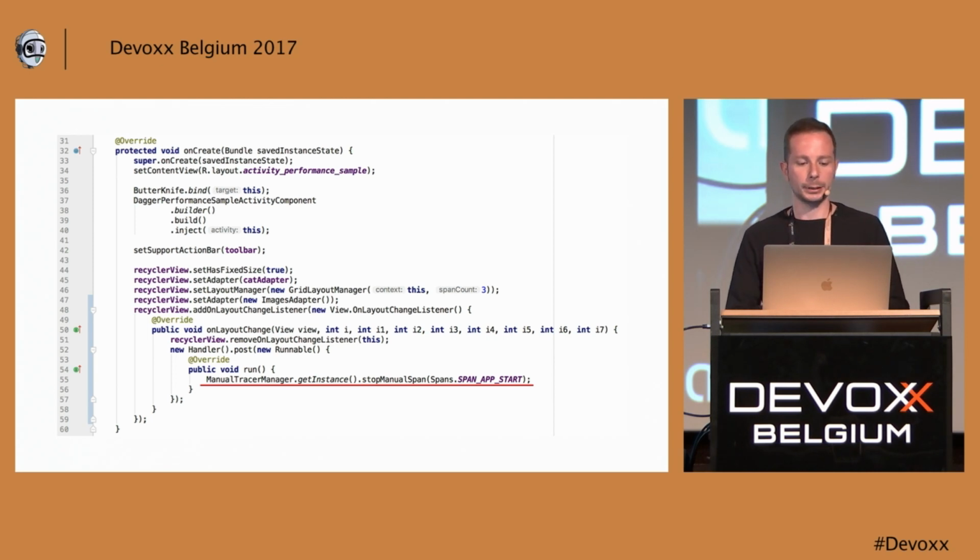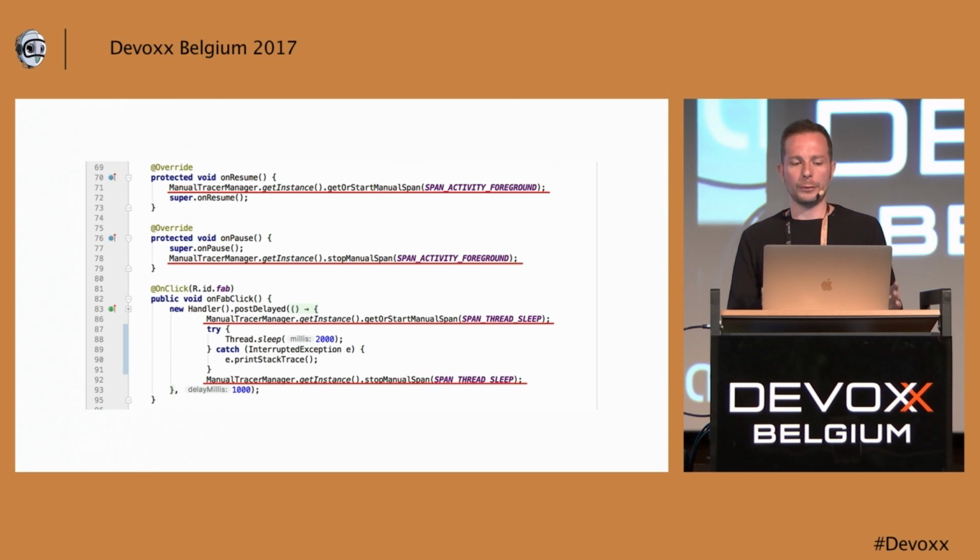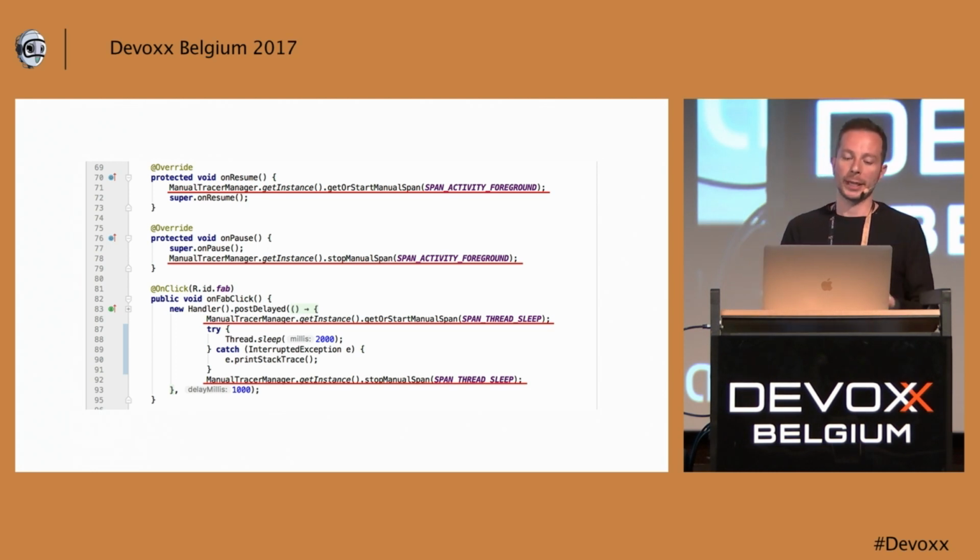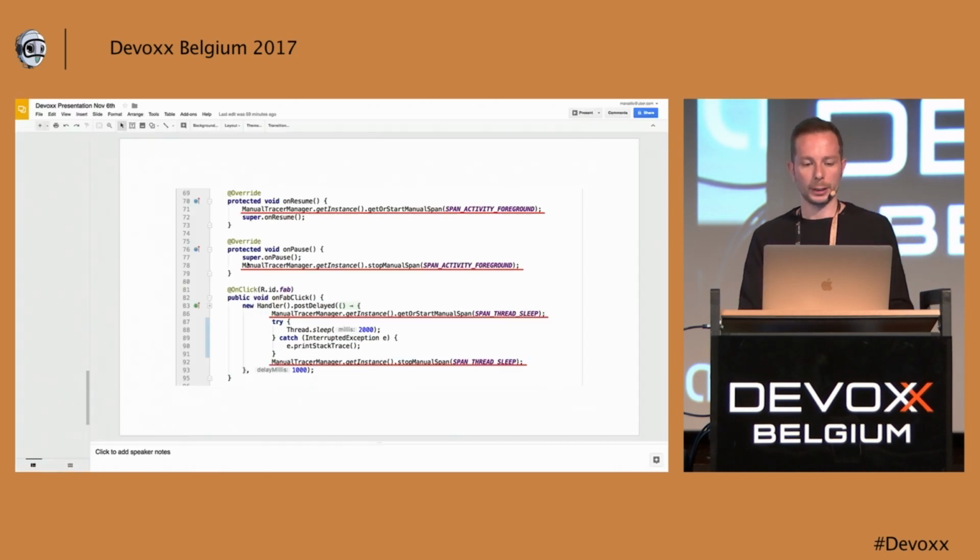We're using Dagger, and then at the first layout change we stop the span. Additionally, we have a bunch of other spans like onResume, onPause, and then we have a fab button. Basically, it's a button that is triggering a 2 seconds thread sleep on the main thread, and it's triggered after 1 second. This is just an experiment to show it.